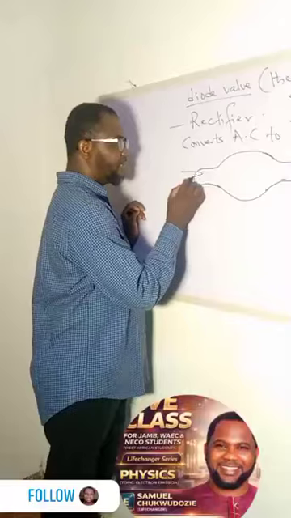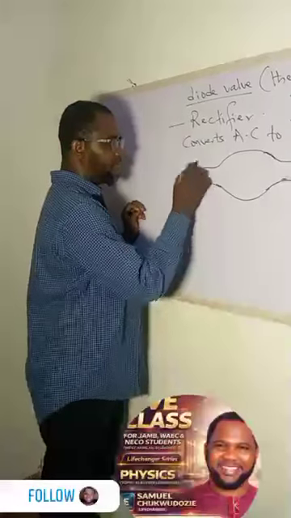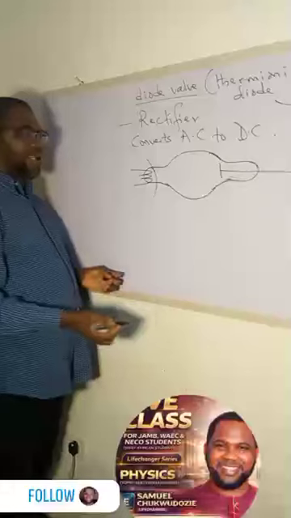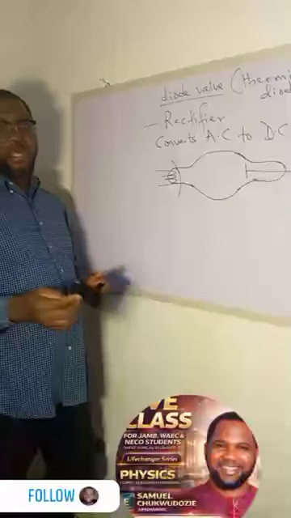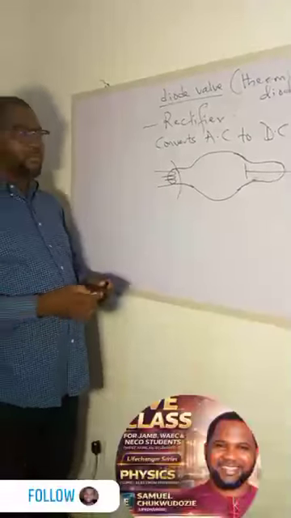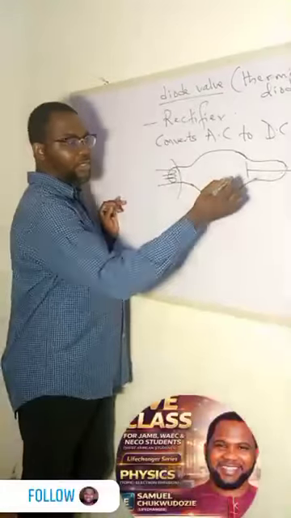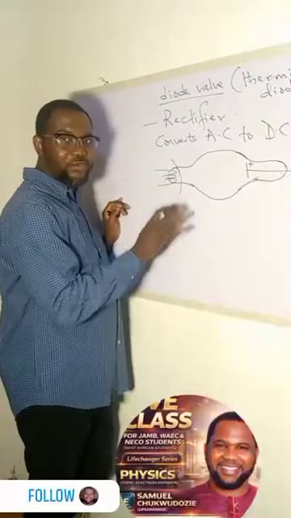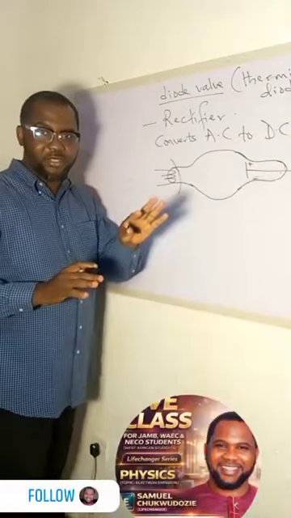Then you have, let's say you have your cathode here. Then here you have your anode. This is exactly what happens. Now, this is how it operates. If the anode is positively charged, the cathode releases electrons.